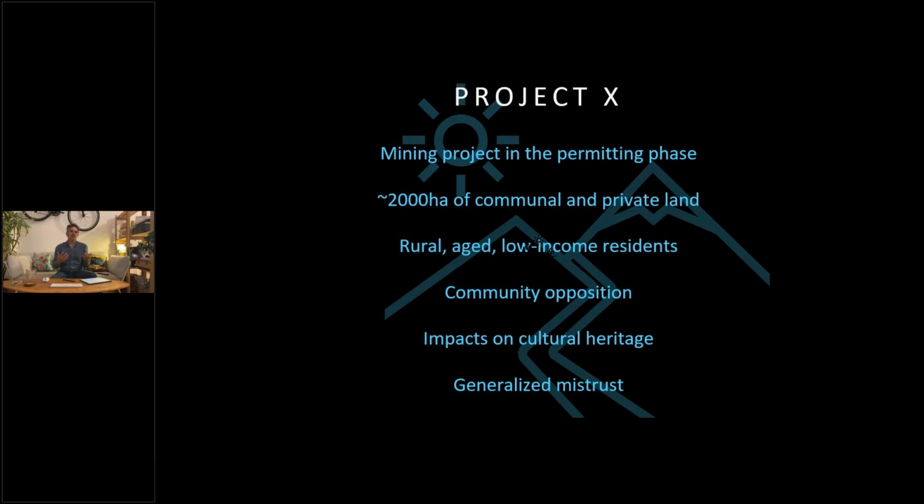There was concern about the impact on cultural heritage. People have a way of living in these communal lands that's related with farming, cattle grazing, and all of these products from the land with extremely high quality. Some products have world-class quality.